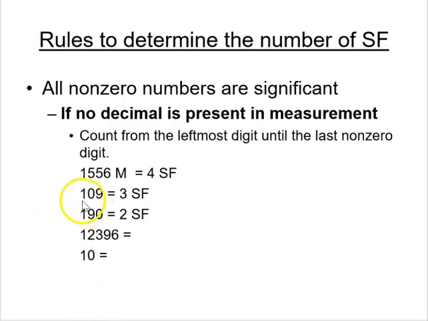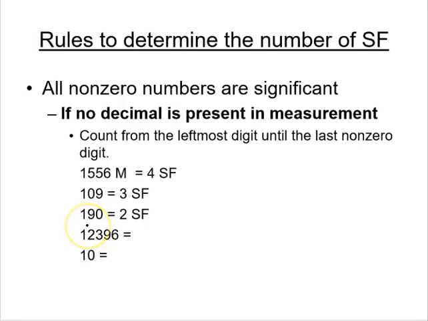The second example, 109, has 3 significant figures, but you say, oh, it's got a 0 in it. Because that 0 is between two non-zero numbers, the 0 is actually significant. So 109 has 3 significant figures.